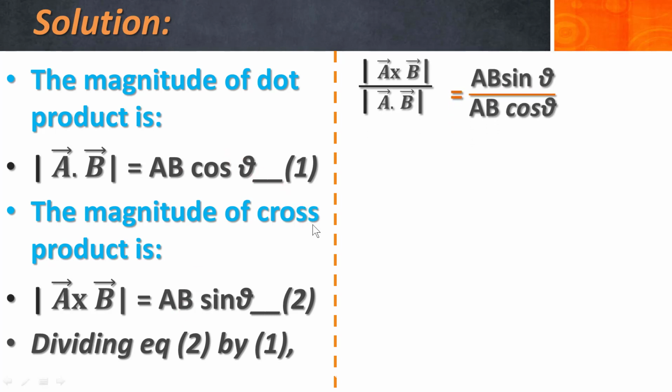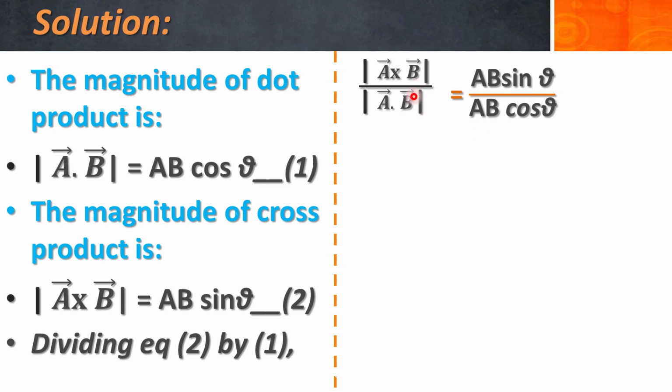Left hand side will be divided by left hand side and right hand side by right hand side. We have placed A cross B on the top and then cos theta, because we know that sine divided by cos will give us tan theta. That's why for simplicity we have placed equation 2 in the numerator and equation 1 in the denominator.